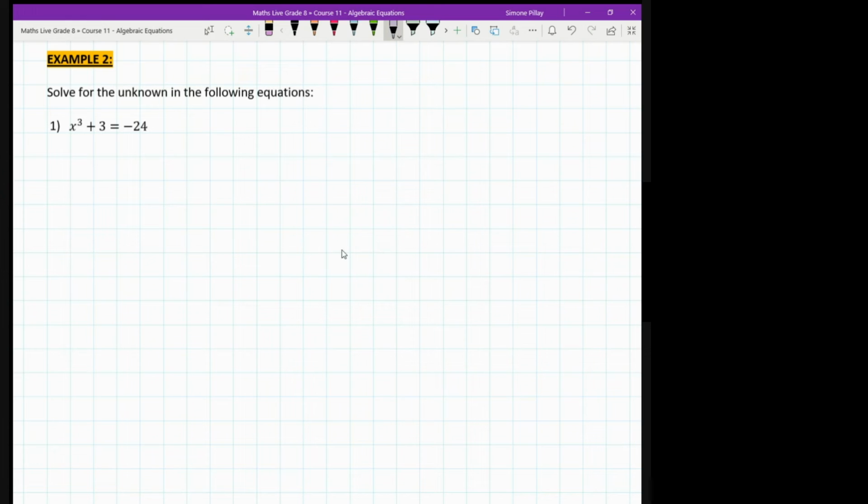Okay, first things first, we're looking for loose terms. Anybody see a loose term? I see a loose term. It is that +3 over there. What do I do with loose terms? I can transpose. How do I know I can transpose loose terms?